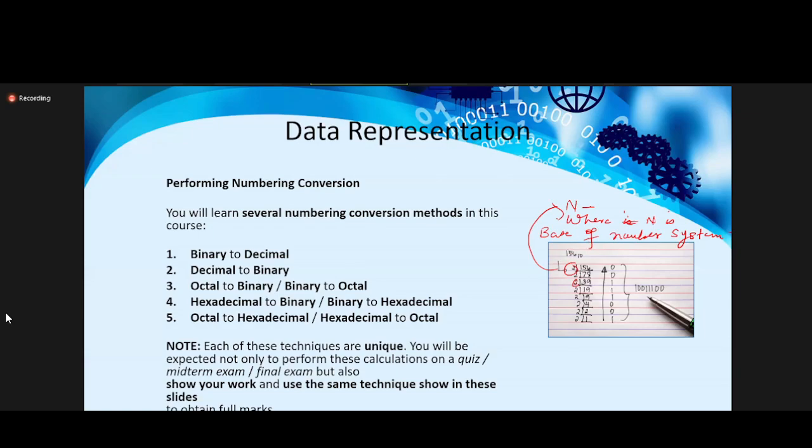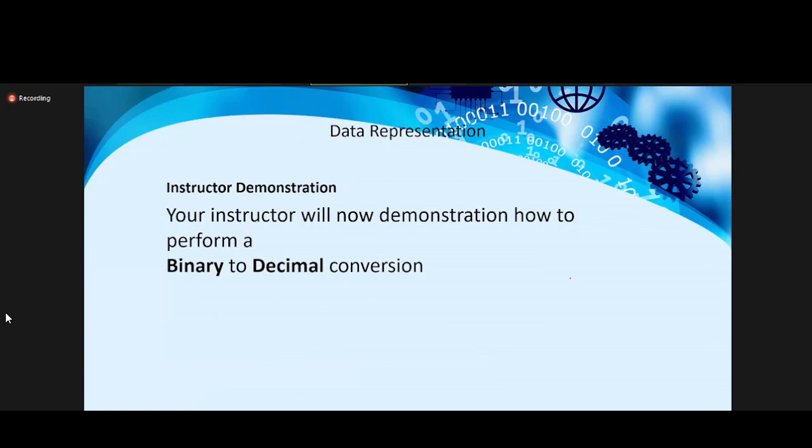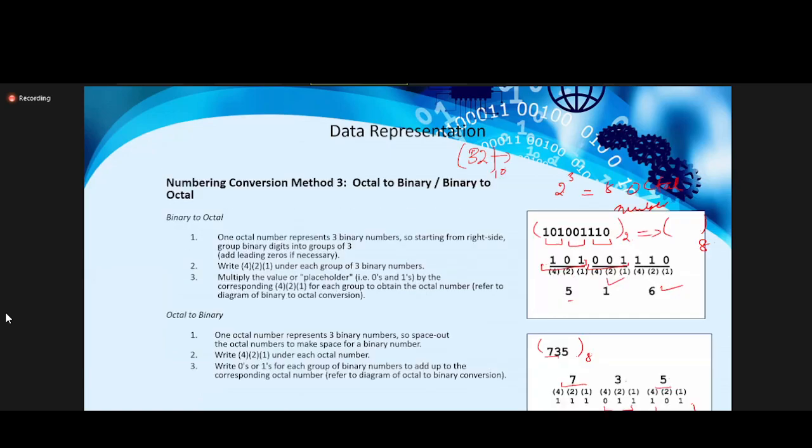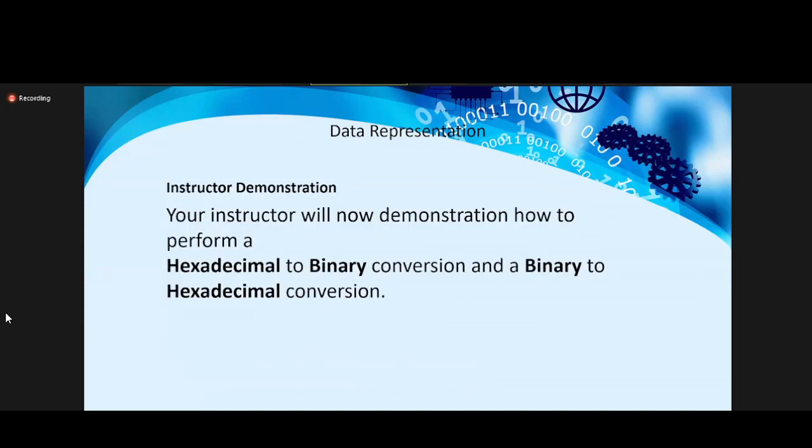So cumulatively divide by 2 if it is a base 2 number system, cumulatively divide by 8 if it is base 8, or if it is base 16, then you have to divide by 16, correct? Hopefully you're following along.